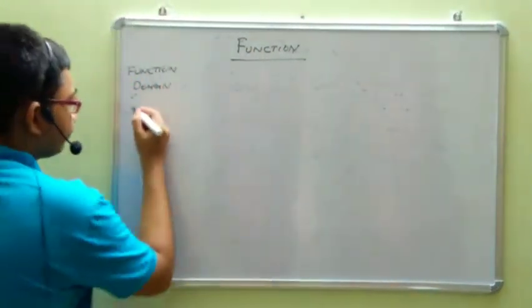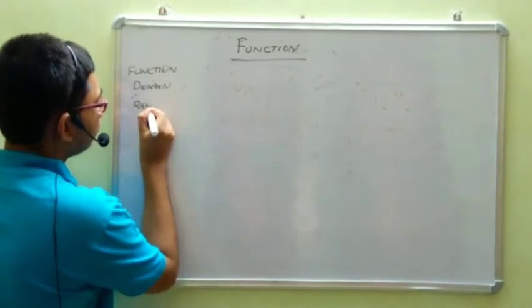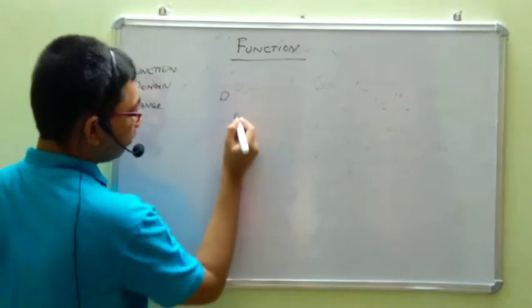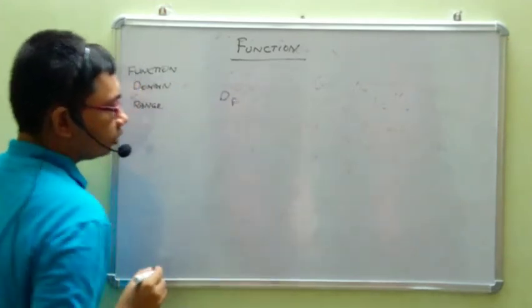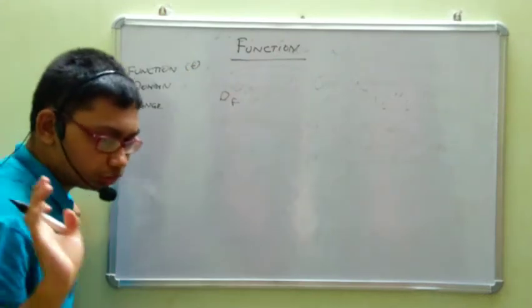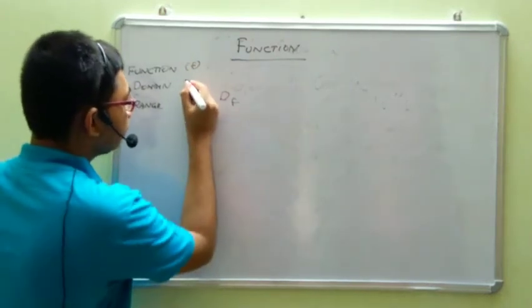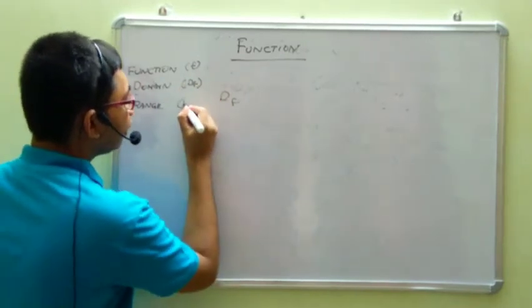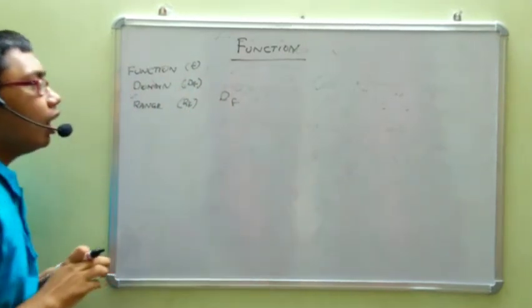Now, range. This domain will be denoted as D of f, and this function will be denoted as f, g or u, and this is denoted as D of f, and range is denoted as R of f.